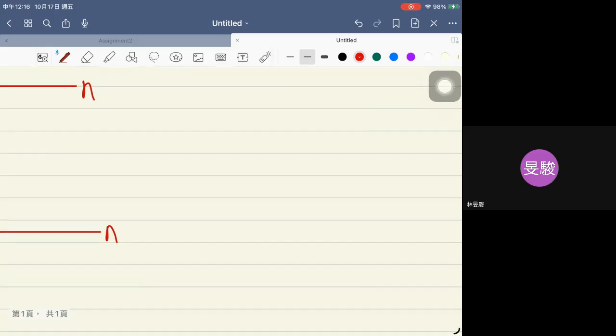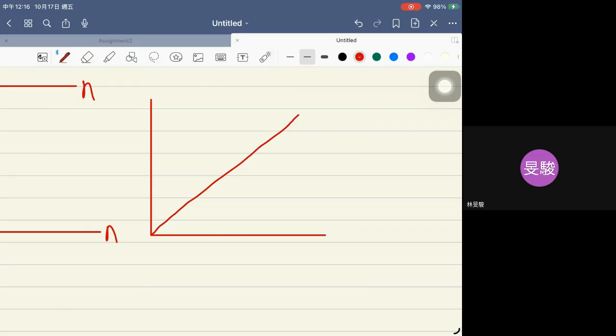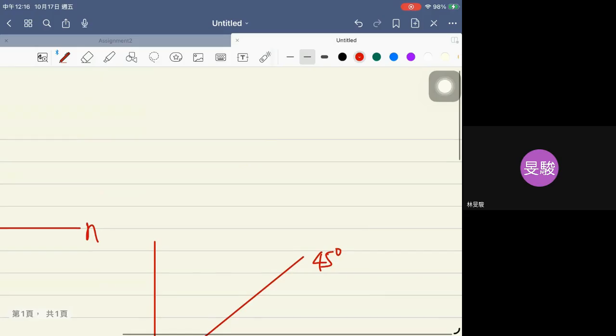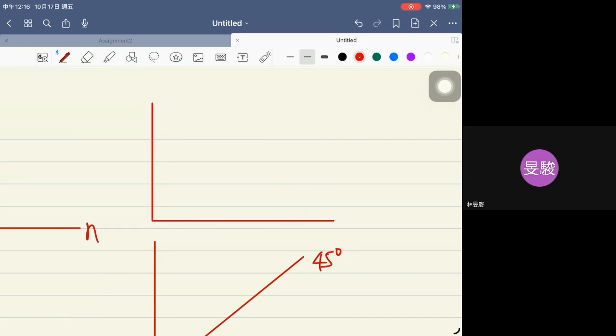The third diagram is the 45-degree line, just for transferring to the fourth diagram, which is our AS.